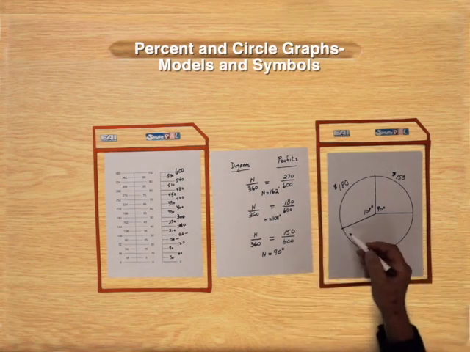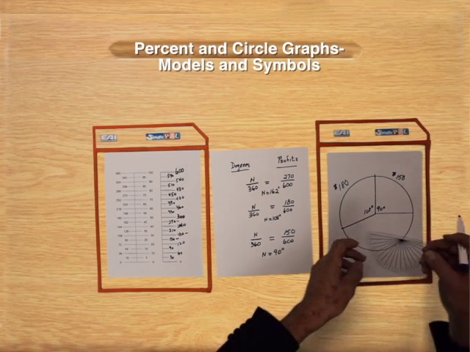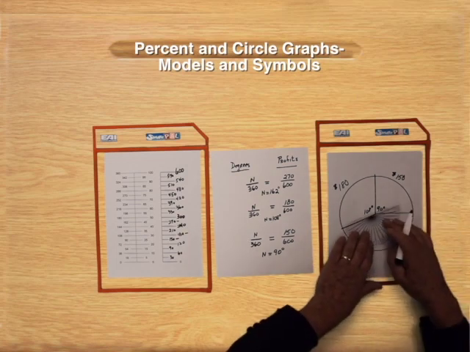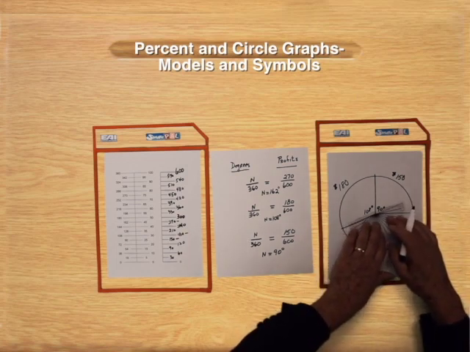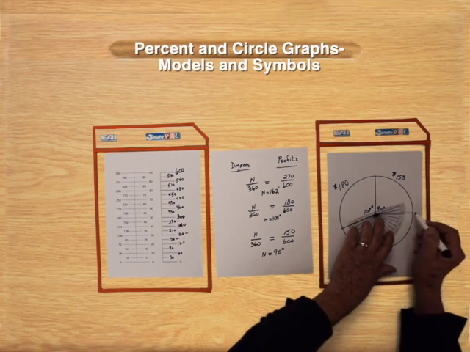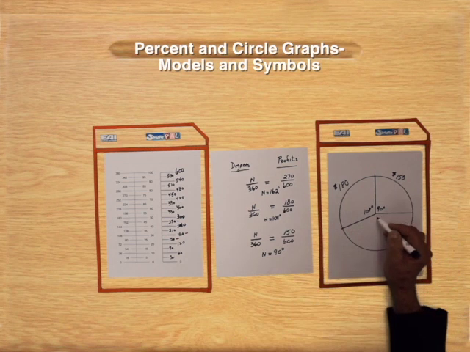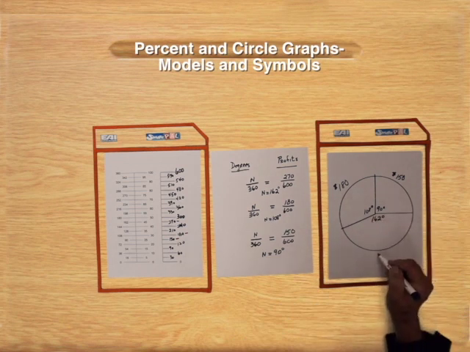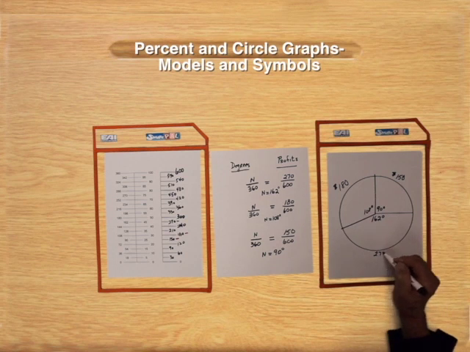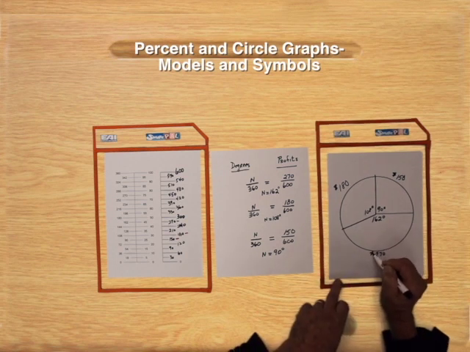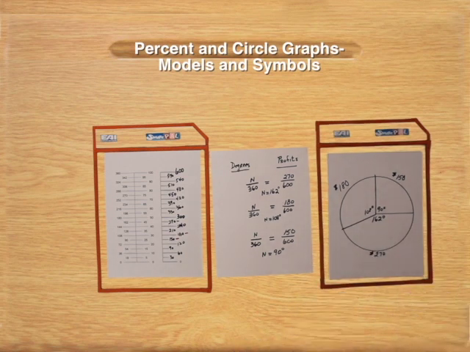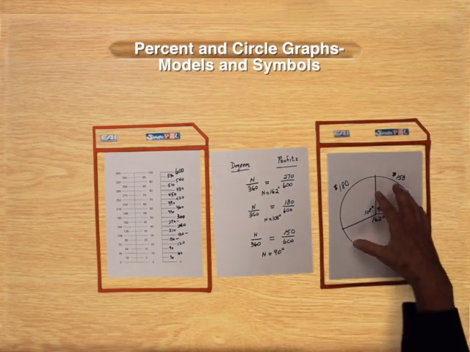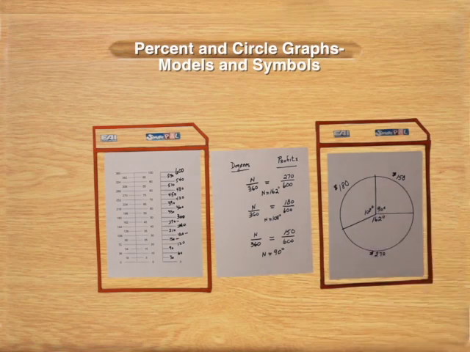And that turns out to be the rest of the circle. So when we put our protractor down, it turns out that 162 degrees would intersect the circle right here. So this is going to be 162 degrees, and that is going to represent $270 of profits.